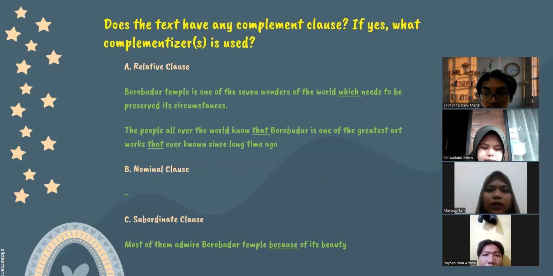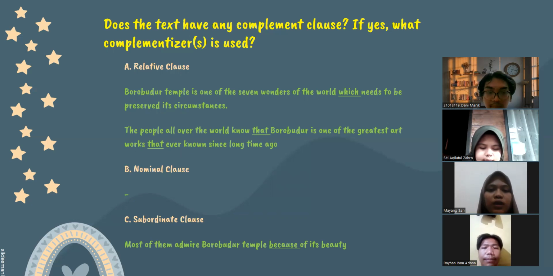So, in this paragraph, we found that there are complement clauses. There are 3 types of complementizer, but we just found 2 complementizers used in the text.